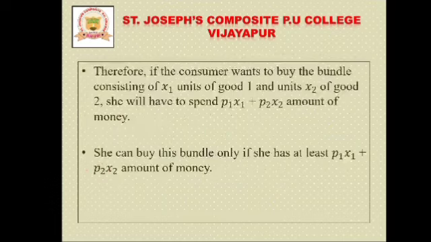these are commodity bundles, consumer bundles. Okay, therefore, if the consumer wants to buy the bundle consisting of X1 units of goods 1 and X2 units of goods 2, she will have to spend P1X1 plus P2X2 amount of money.